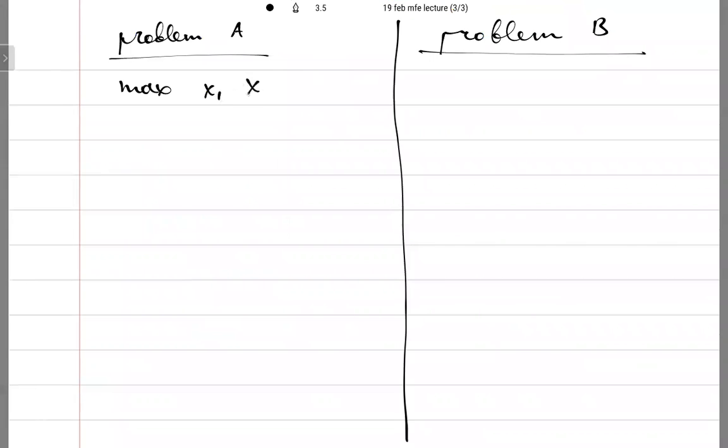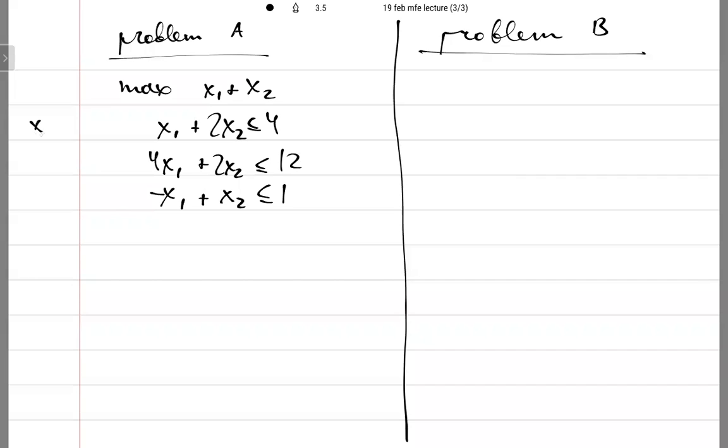We maximize x1. So I'm just copying my problems. If the problems are already copied, then just wait a little bit, because I need them on the screen to discuss them. Basically, I'm just doing a monkey job, just copying the problem.